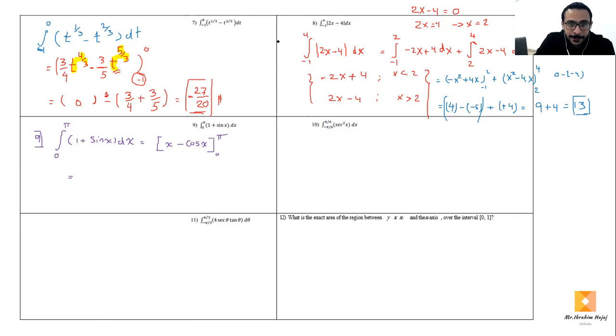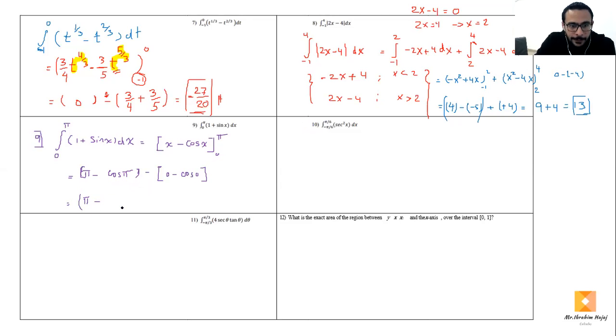First we substitute pi: pi minus cosine pi, minus, substitute 0: 0 minus cosine 0. What is cosine 180?